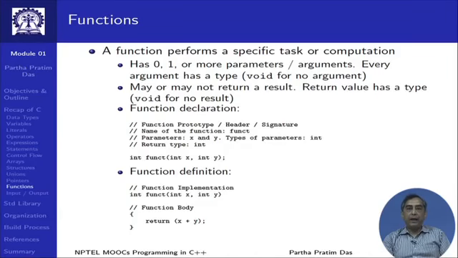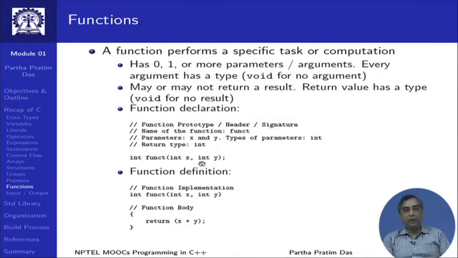The number of parameters that a function has, each parameter also called an argument, will have a type, and if we do not want to specify the type, we can use void. Return will also have a type, and we will use void if there is nothing to return. A typical declaration will look like this: funct is the name of the function, on the left is the return type, and on the right within this pair of parentheses you have the parameters.